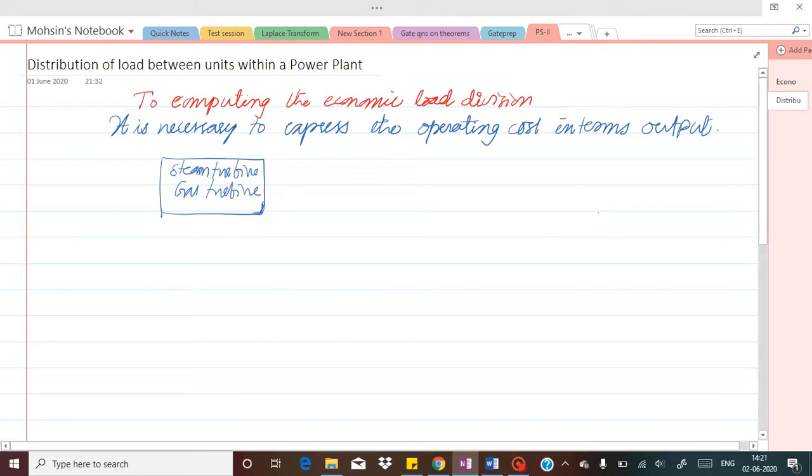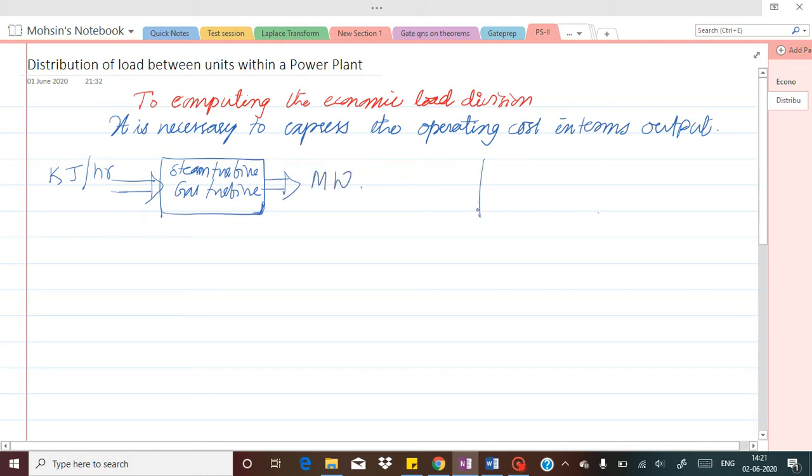So the input needs to be expressed in terms of the output. Here the input is energy supplied in kilojoules per hour, and the output available from this plant will be the power or the load in megawatt.